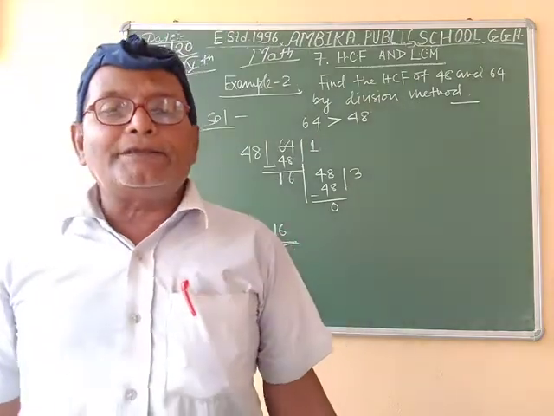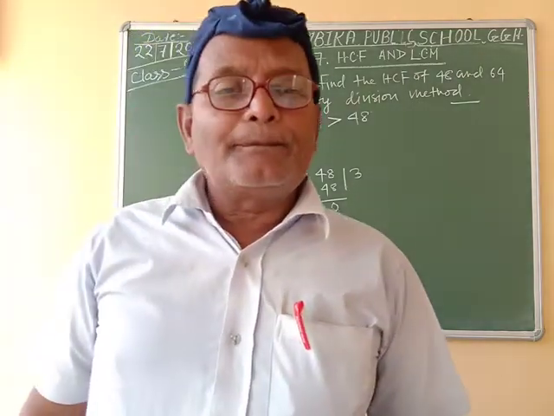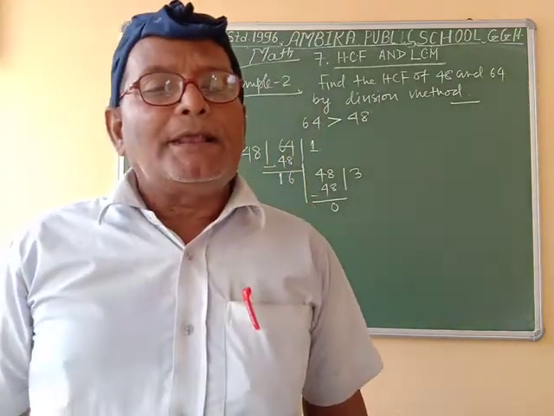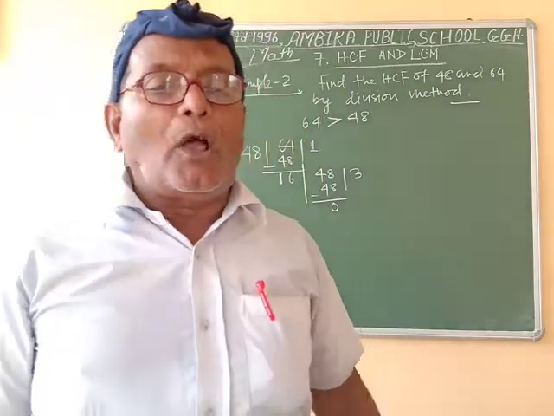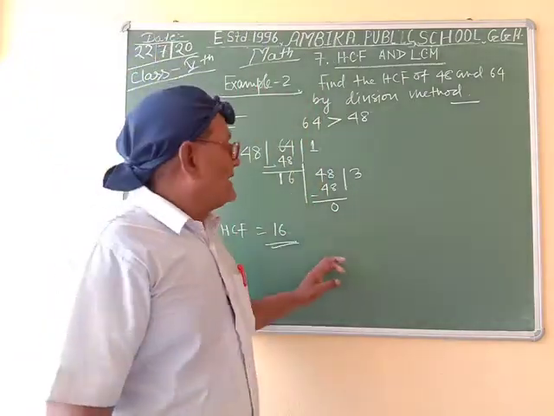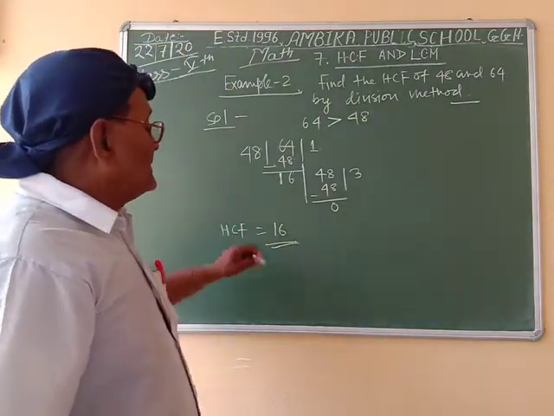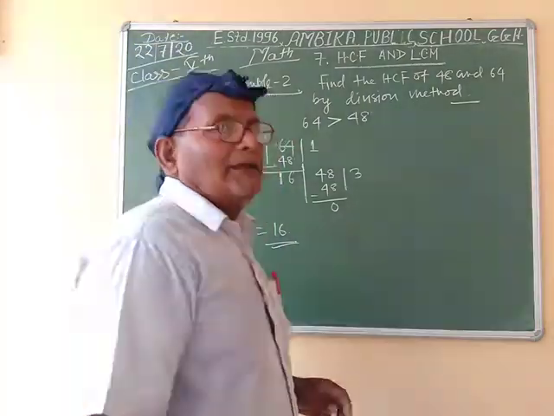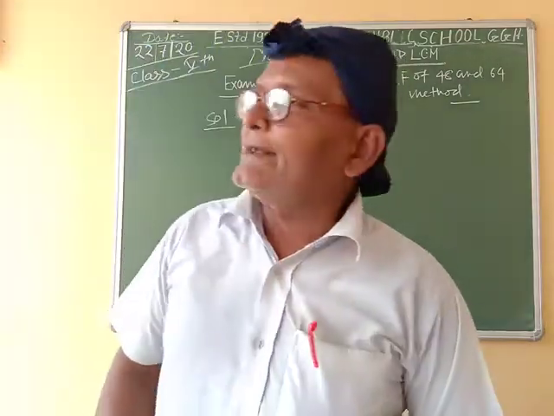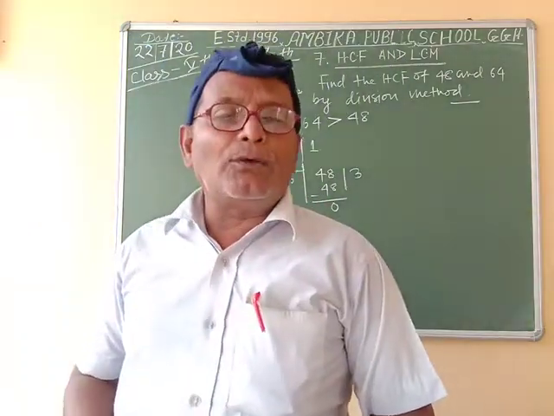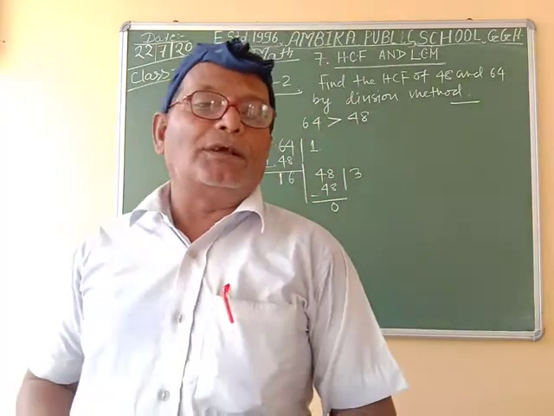If the remainder is 0, then the smaller number is the HCF of the two numbers. If we divide the bigger number by the smaller number and the remainder is 0, then the smaller number is the HCF of the given numbers.